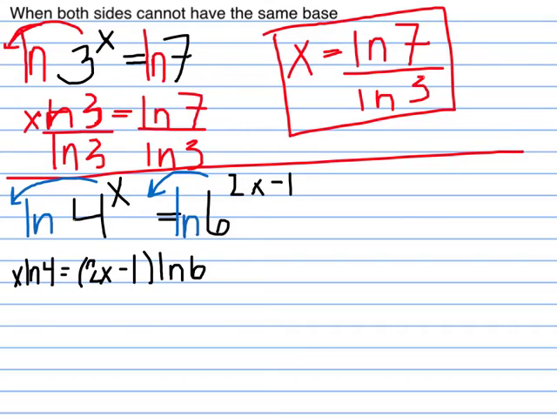And when we go to solve this, you want to bring anything that has an x on it over to one side. So I would have x ln of 4, and I'm going to have to distribute this ln of 6 through. So I would have 2x ln of 6 minus ln of 6.